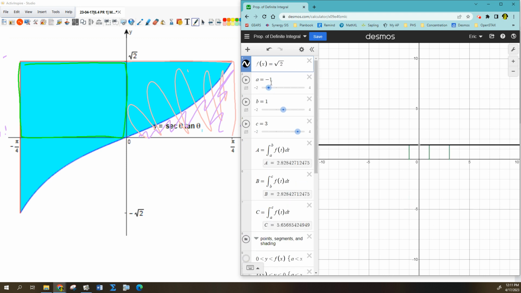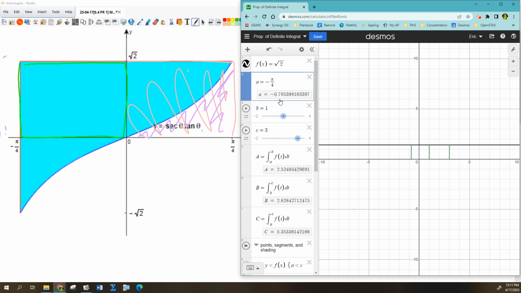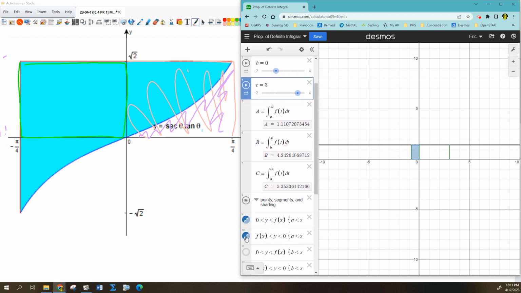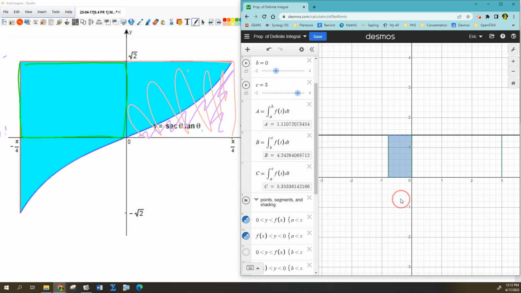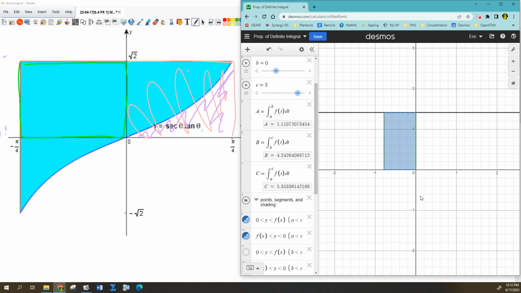So the area from negative pi fourths to 0, I'll make that 0, is just, we're looking at that area. I can zoom in here, right? That's the area we're looking at. Okay, that's the square root of 2. That's negative pi fourths. That area is 1.107 blah, blah, blah.